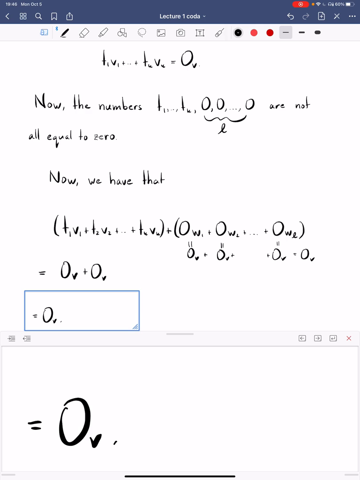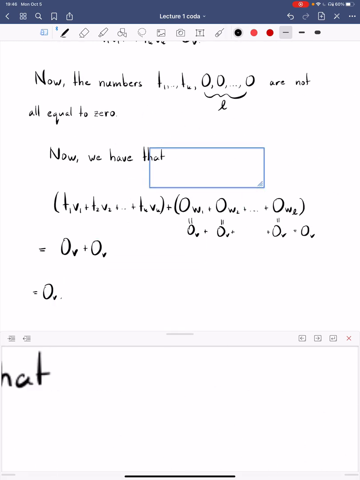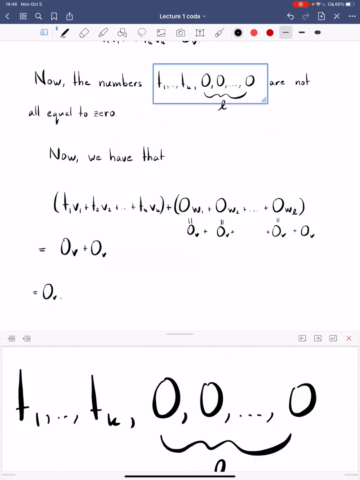And so what have I done? I've shown that I can find a list of k plus l numbers, T1 through TK, and then the remaining l numbers are all equal to 0. But this list isn't just the number 0 repeated k plus l times. At least one of T1 through TK is non-zero.